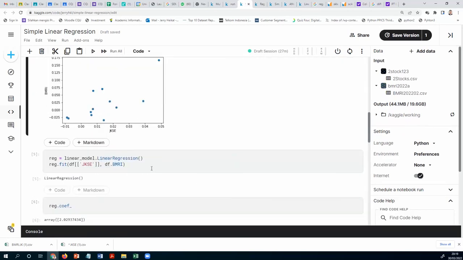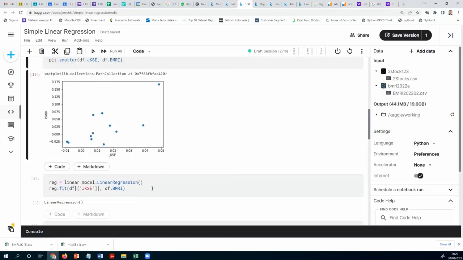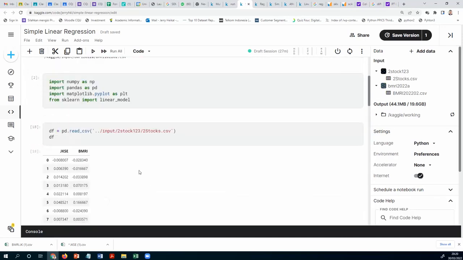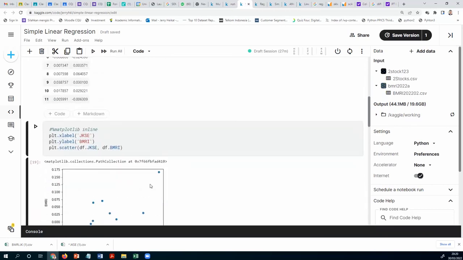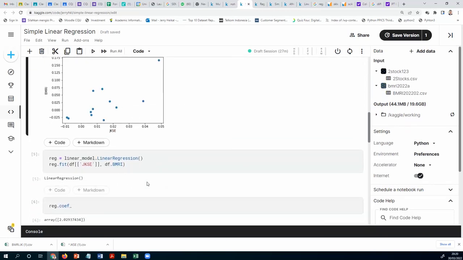And then let's call linear regression. So we put reg equal to linear_model.LinearRegression(), because we already imported linear model from sklearn, and from linear model there is the option LinearRegression.